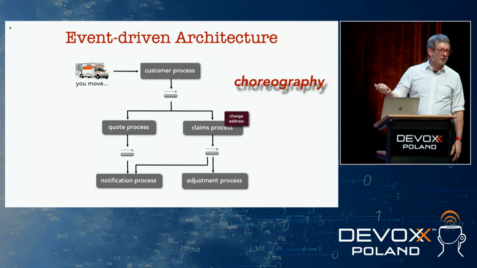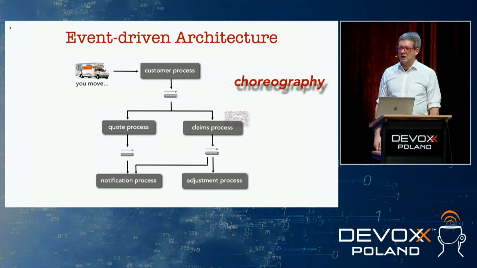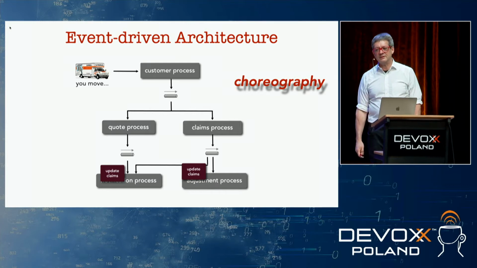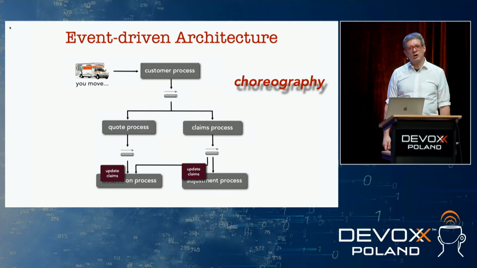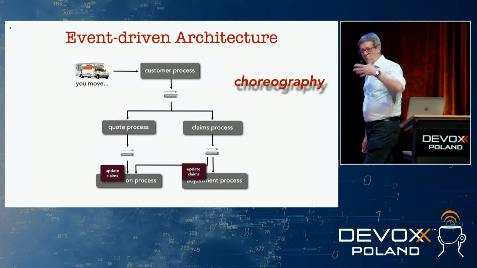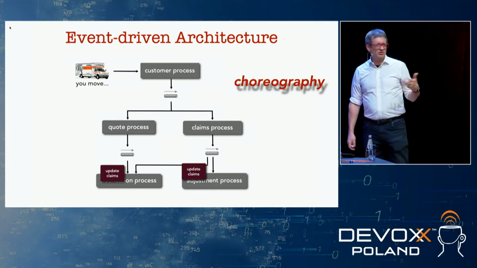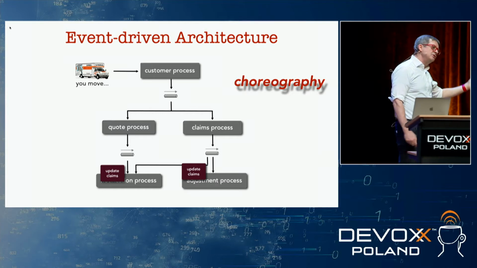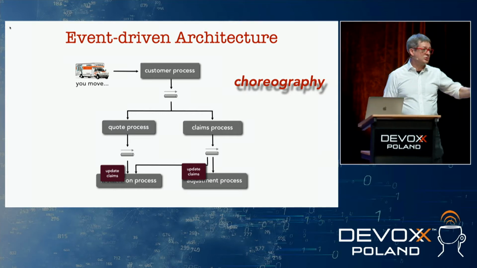In parallel, because this is all asynchronous, claims will also update claims and then post a message to anyone who's interested. It turns out both notification and adjustment are interested in that. This is choreography because while it was planned beforehand by an architect, there's no central coordinator here looking after error conditions and, did they all finish or not?